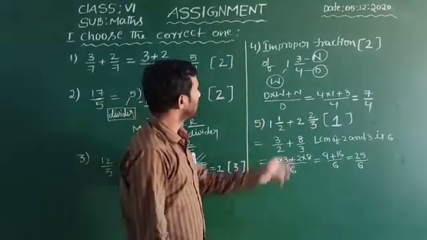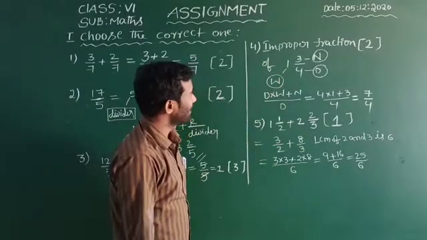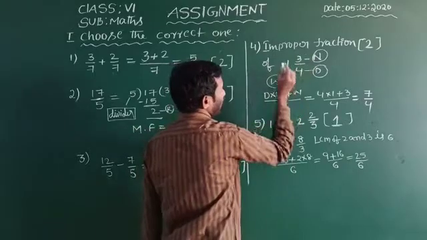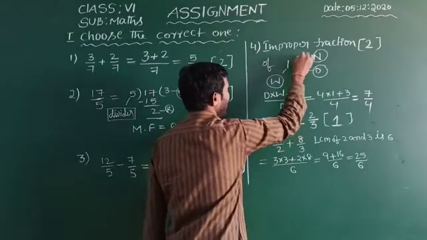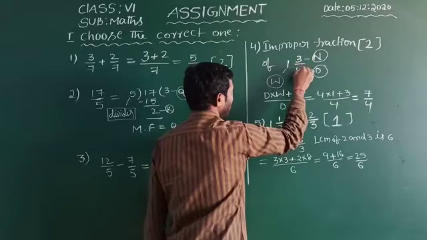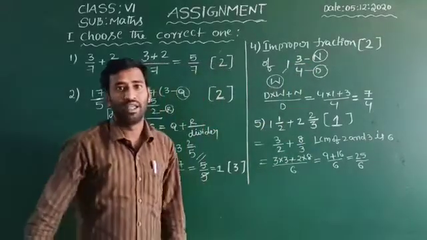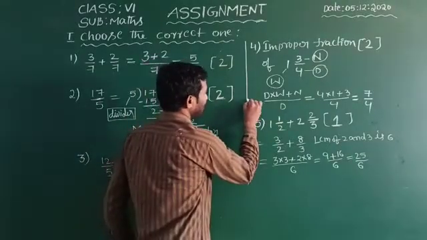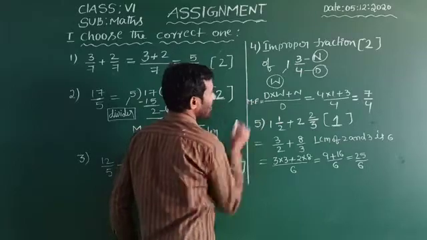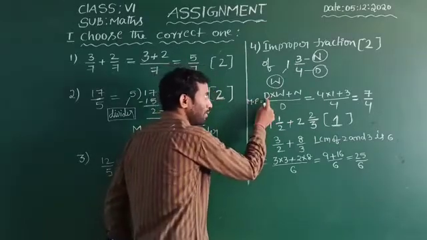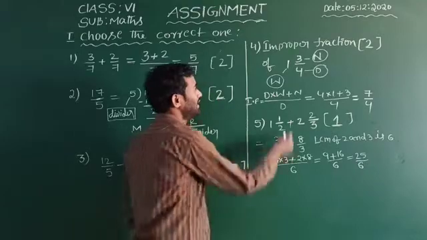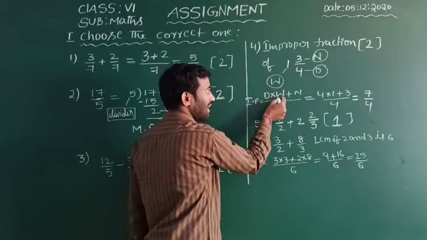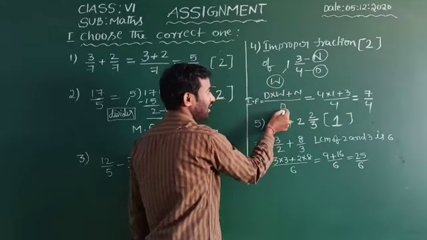After that, question number 4 is the improper fraction form of 1 and 3 by 4. Here the given mixed fraction is 1 and 3 by 4. We have to convert this mixed fraction into an improper fraction. The formula is: improper fraction equals denominator into whole part plus numerator, by denominator.